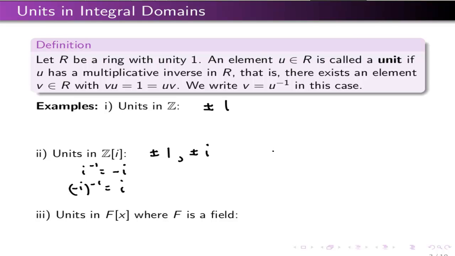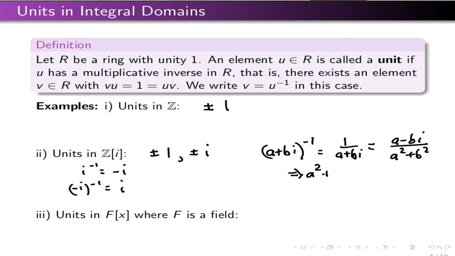So if you took a Gaussian integer a plus bi, and you ask what is its reciprocal, well, that's just a minus bi over a squared plus b squared. And so the only way the reciprocal can come out to be a Gaussian integer is you would need the denominator to equal 1. So a squared plus b squared should equal 1.